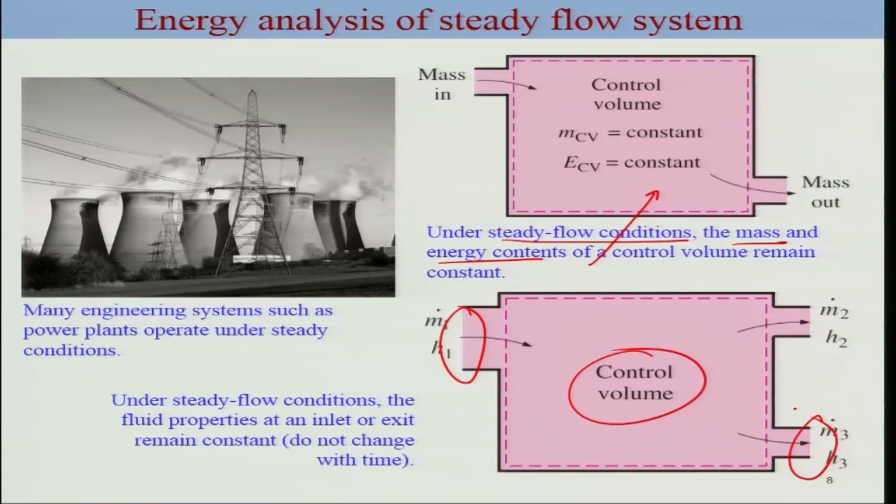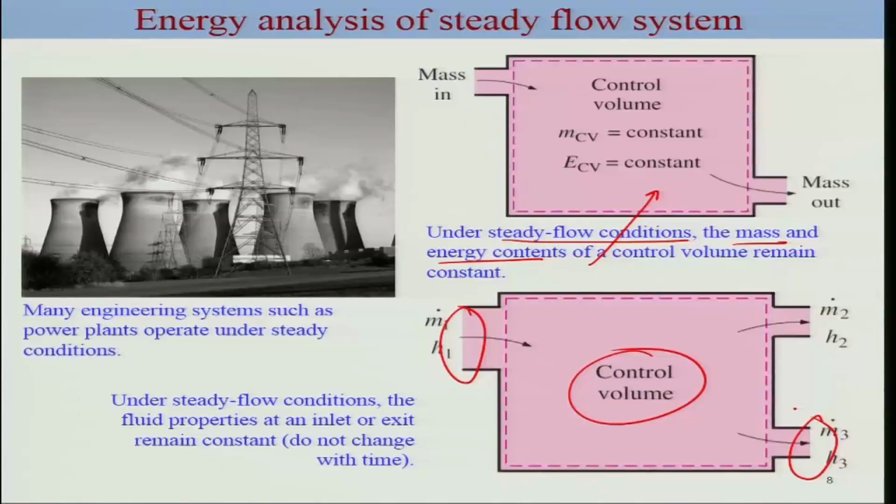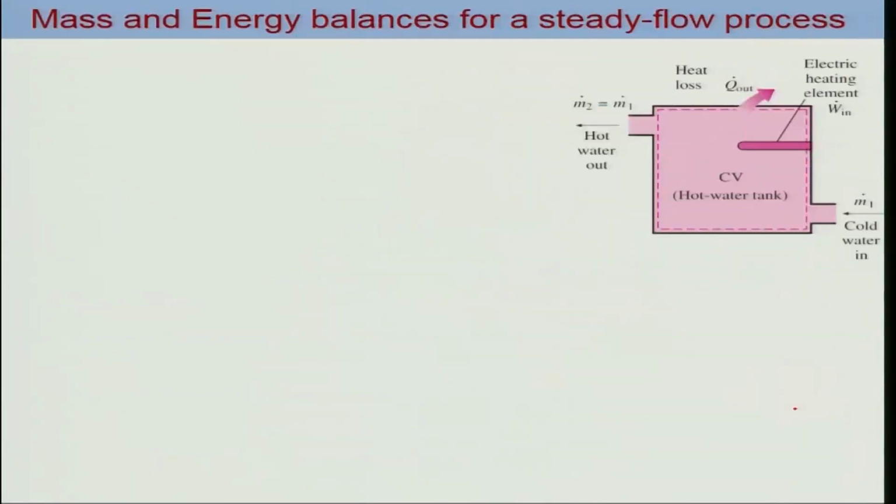So, let us try to express the mass and energy balance for such a steady flow system. In this case we will be making use of this control volume. You have certain work which is done electrically, because, considering that your control volume properties are fixed, you need to provide work through some other means, as the boundary work is 0. So, this is an electrical heating element. In this case there is a heat loss to the surroundings, and you have m in and m out.